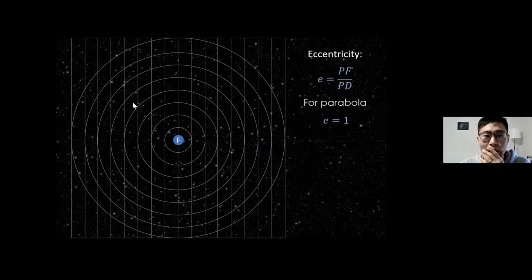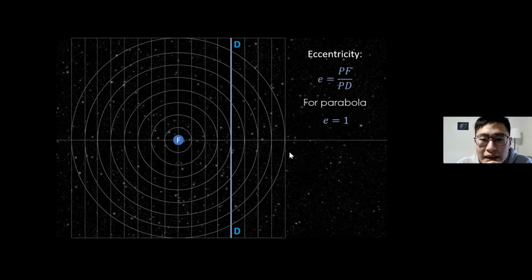Let's see what this does. Right now, I've created equidistant vertical axes in the x-axis and equidistant radial axes along the polar radius axis. And I'm going to draw an imaginary directrix line here.